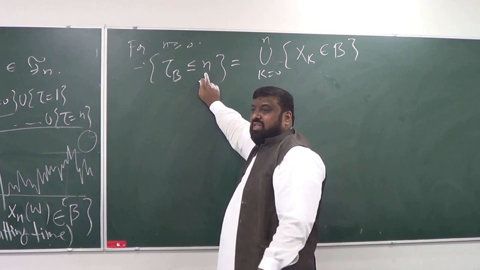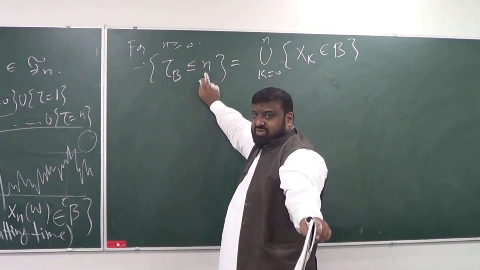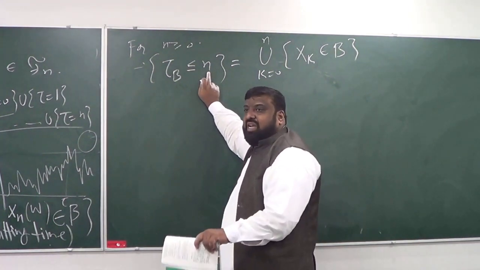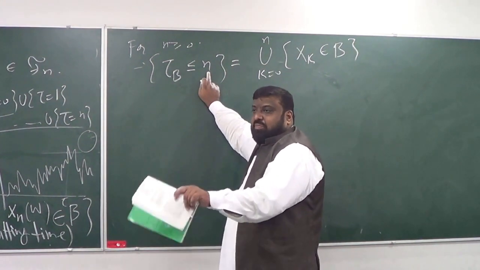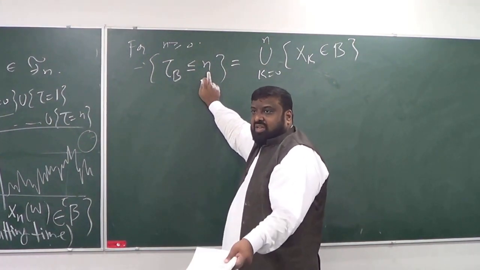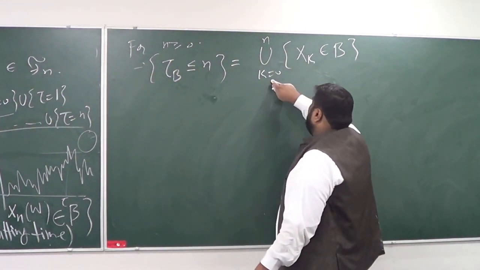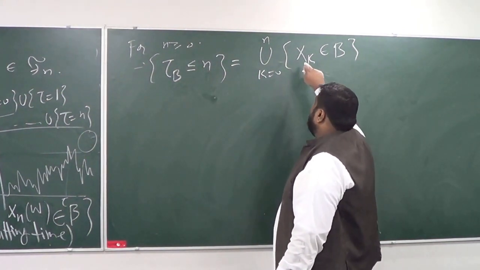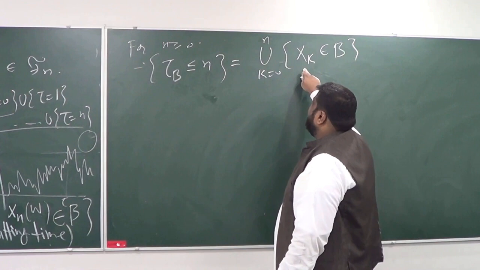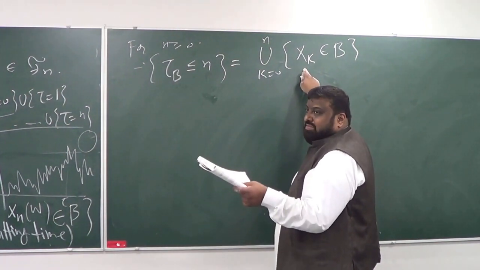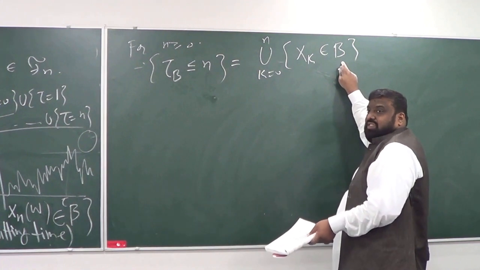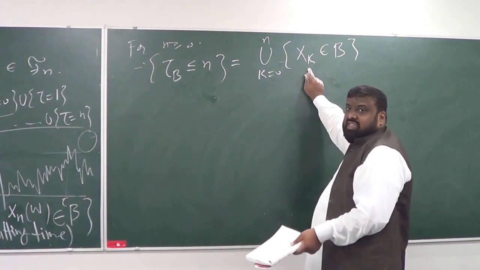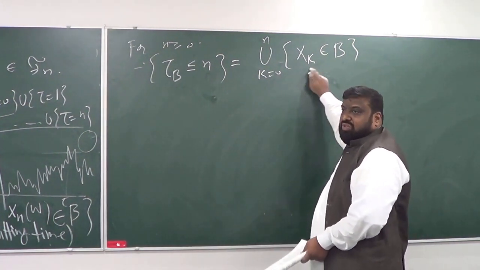It means from 0 up to the time n, at any instant, the process has entered into the ball. Maybe X0, the first instant, the process started and it entered into the ball. Maybe X2.